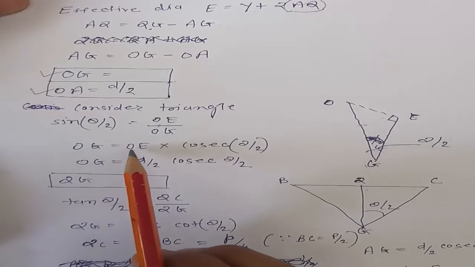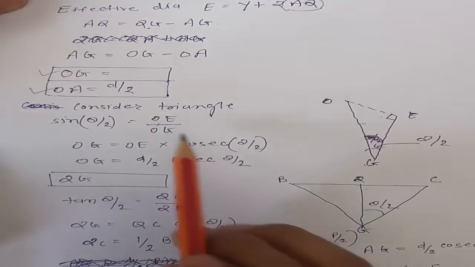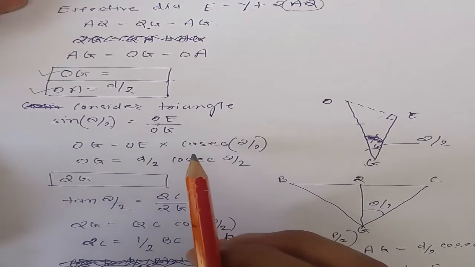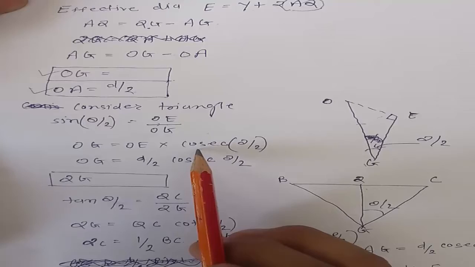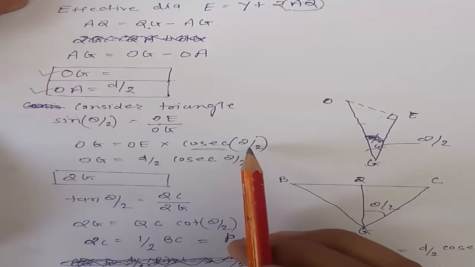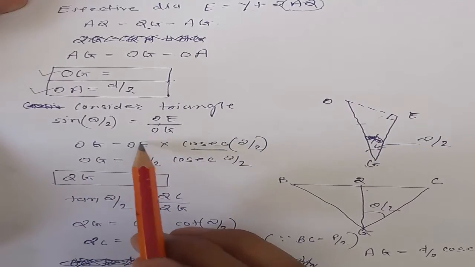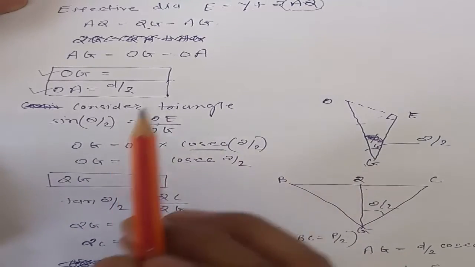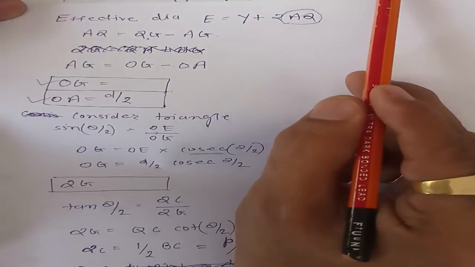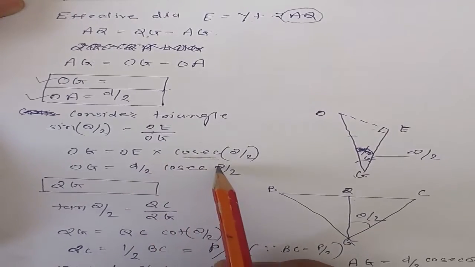So OG is equal to OE into cosec theta by 2, because sine theta goes down, and 1 upon sine theta is cosec theta. Now OE is equal to D by 2. So here OG is equal to D by 2 cosec theta by 2.